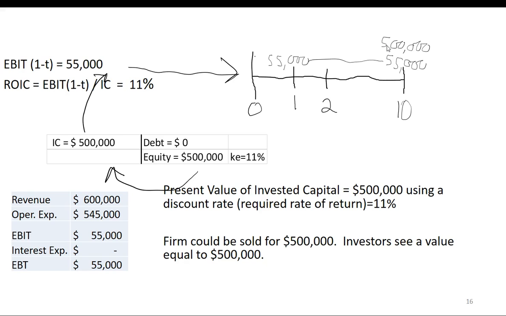Again, on your financial calculator, this would be payment $55,000. Number of periods would be 10. 500,000 would be your future value. 11% would be the interest rate. And when you solve for the present value, you should come up with a present value of $500,000.